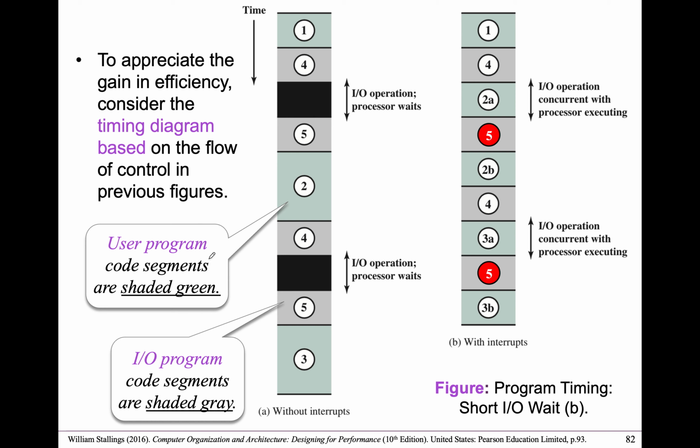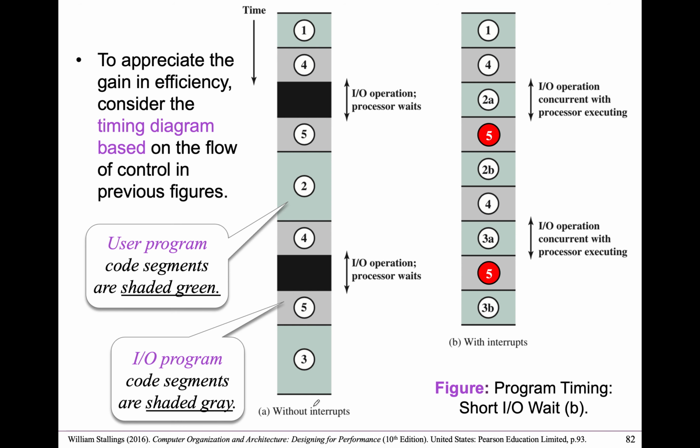You can see there is a green color, but basically I cannot see it as green, but assuming this one is green, the shaded green is the user program or code segments. For the input output program, the color will be shaded gray. And the black is the input output operation, similar to the processor wait.